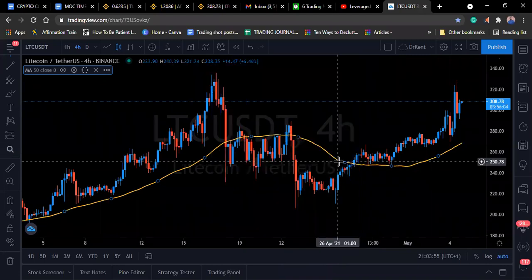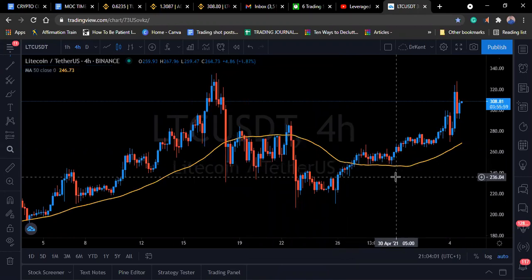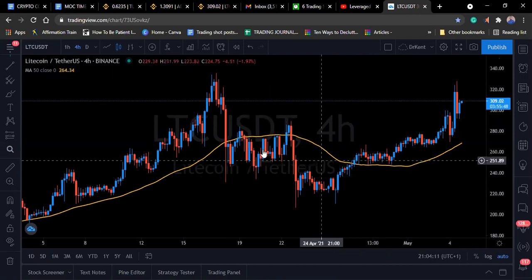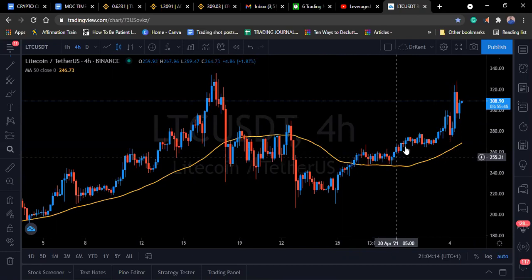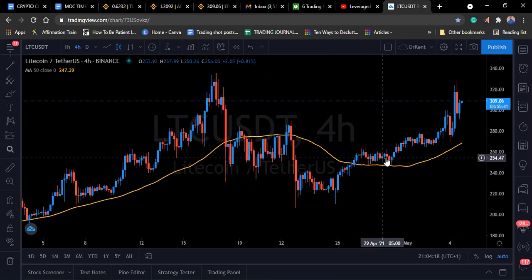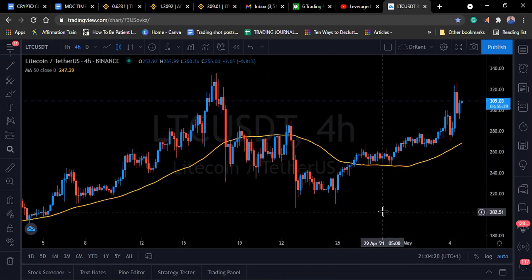So this now forms part of my strategy. This is a 50 simple moving average. And the same way you calculated the 9 moving average, this one now, you count the closing price of the last 50 candles, you divide it by 50.